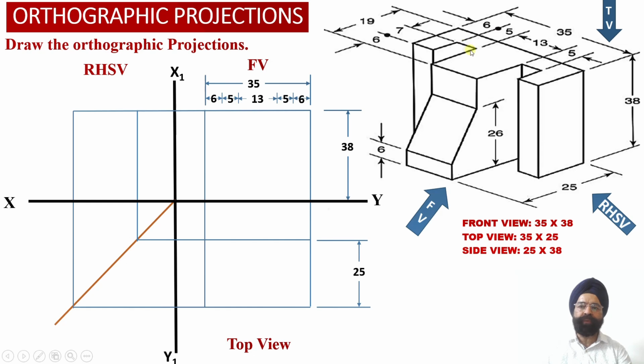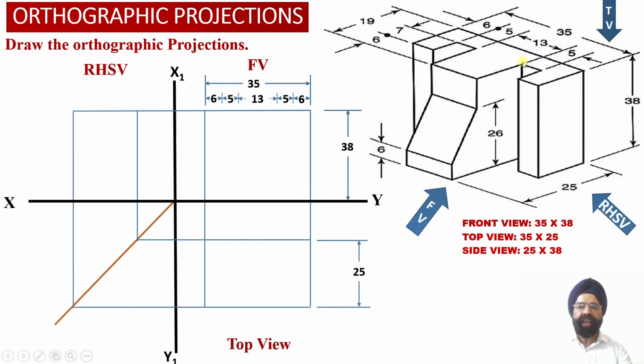The width of the rectangular groove on the left hand side of element number 3 is equal to 5 millimeter. Then the width of element number 3, which is again a vertical web perpendicular to the front face of the solid, has been provided as 13 millimeter.